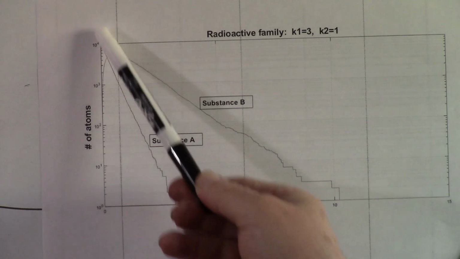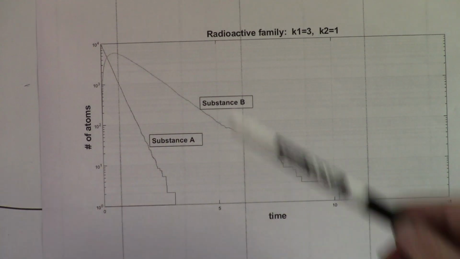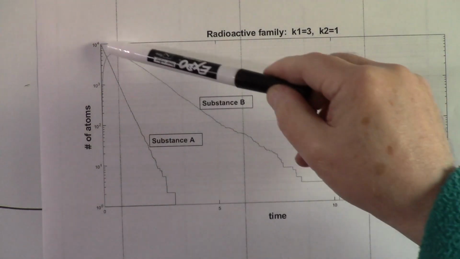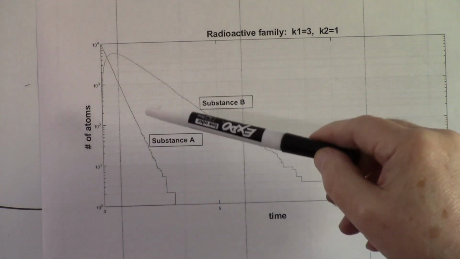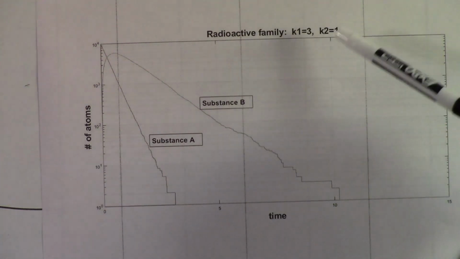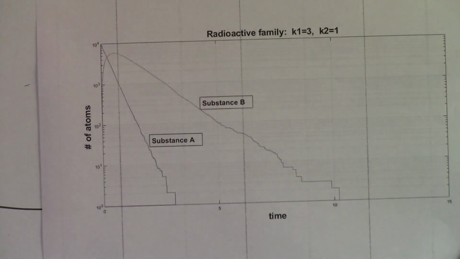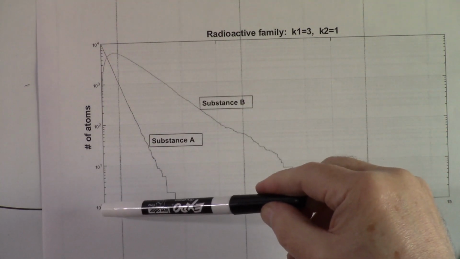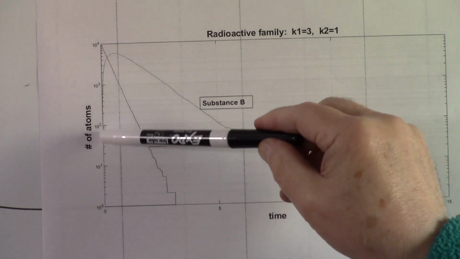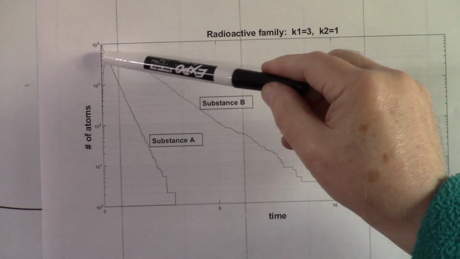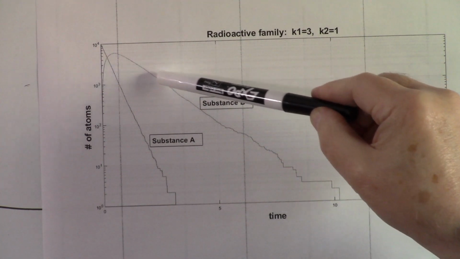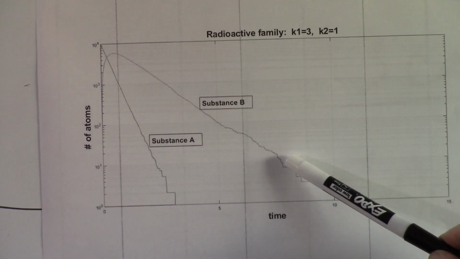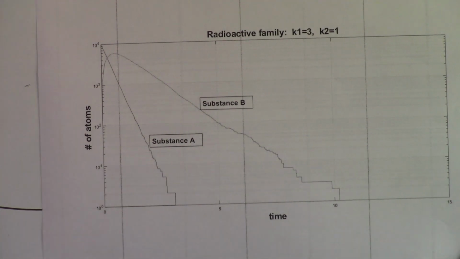Here it is more or less a perfect straight line. It is for A. For B, B started from 0, then because A decreases much faster, the rate is 3 times larger than for B. So first, almost all of A decomposes and gives rise to B. So the curve goes very steep here, reaches a maximum, and then it goes along a straight line.